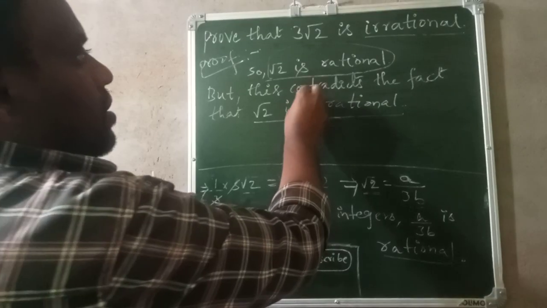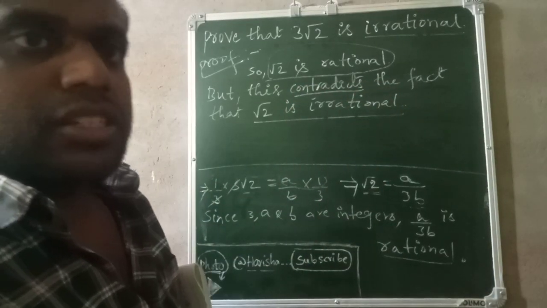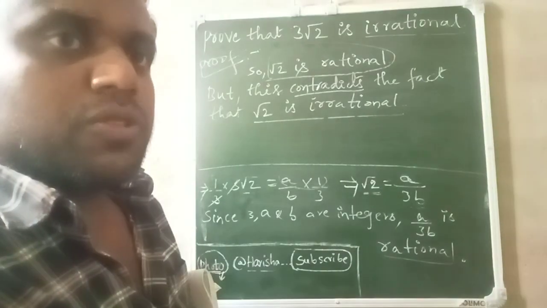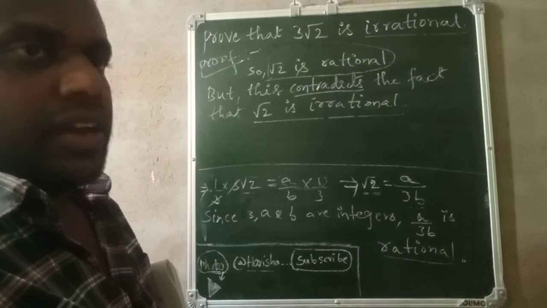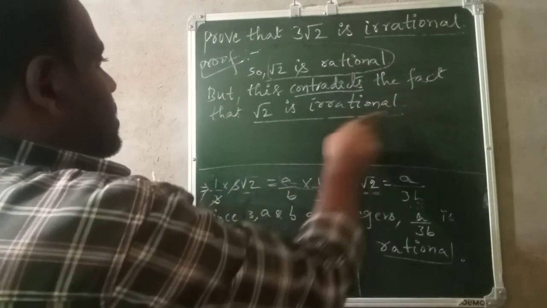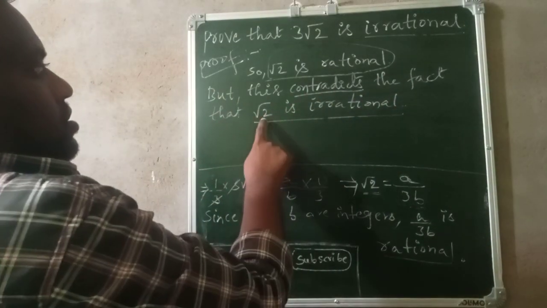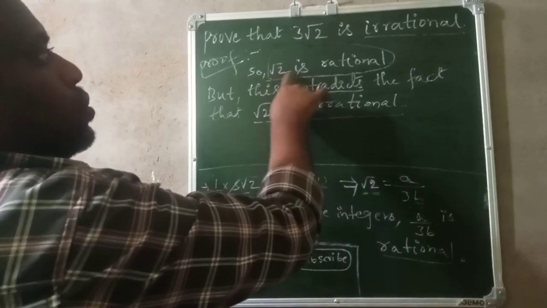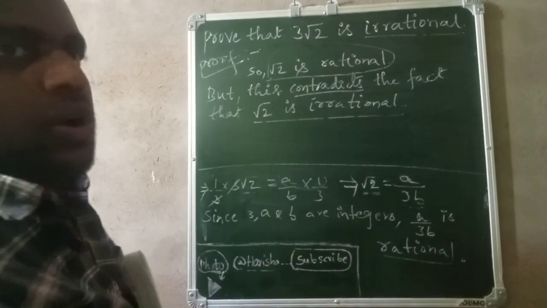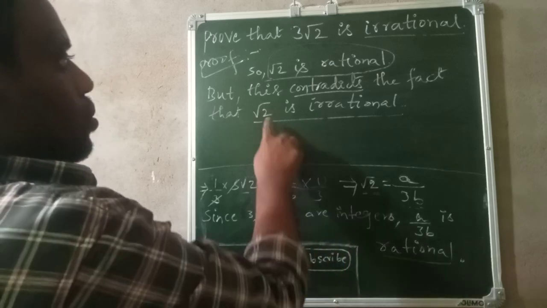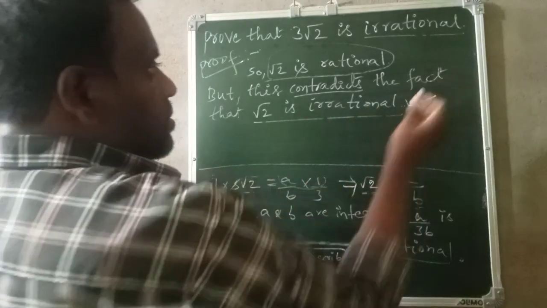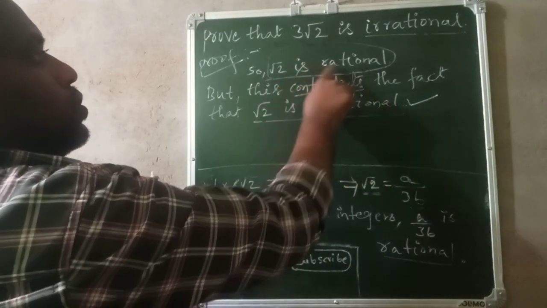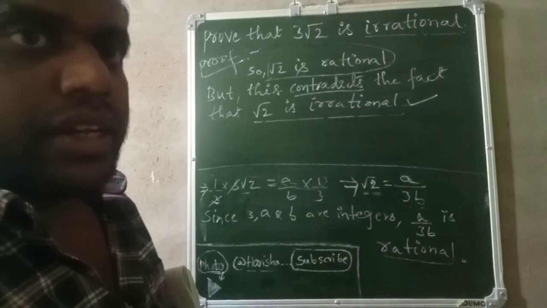So the meaning of contradicts is that only. Contradicts means talking in the opposite way or reverse way. Okay? So this entire sentence means, instead of root 2 is irrational, we got the opposite, root 2 is rational. That means we got a wrong statement. Root 2 is irrational is correct, but we got a wrong one. Root 2 is rational. Correct?